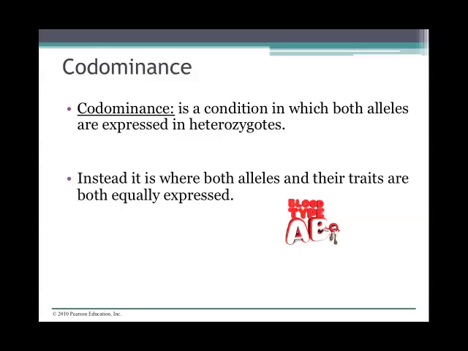Neither one is hidden, so that means they're both dominant. That's why it's codominant. The one that we're going to be looking at is blood type, because this is how blood type is determined. It's by the codominance of alleles.